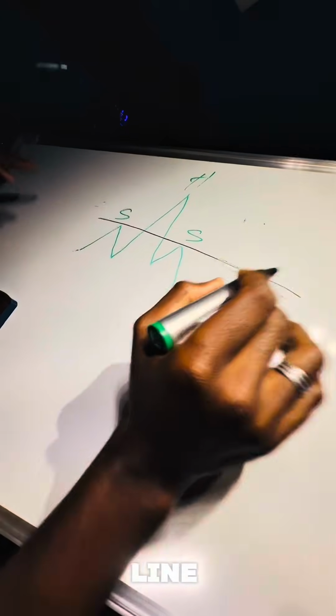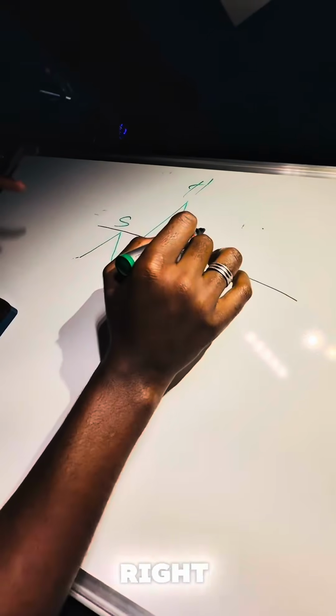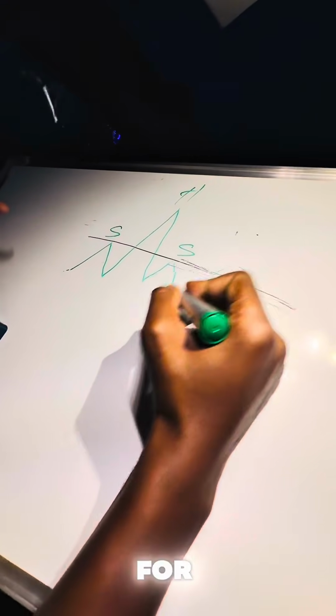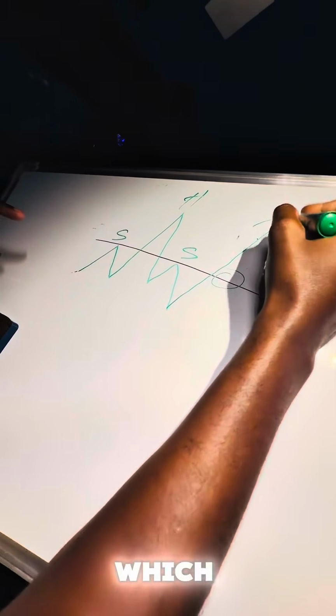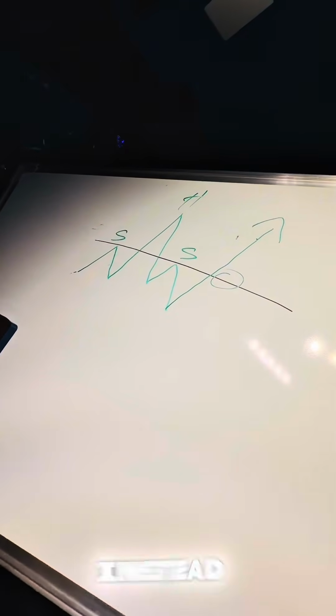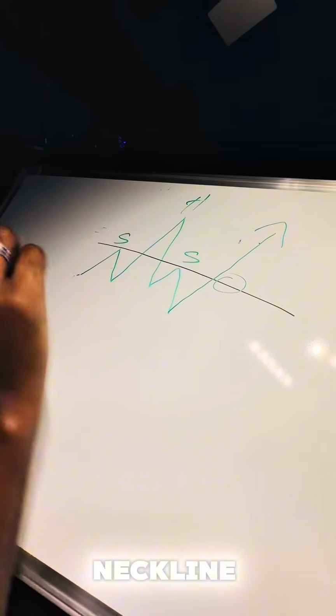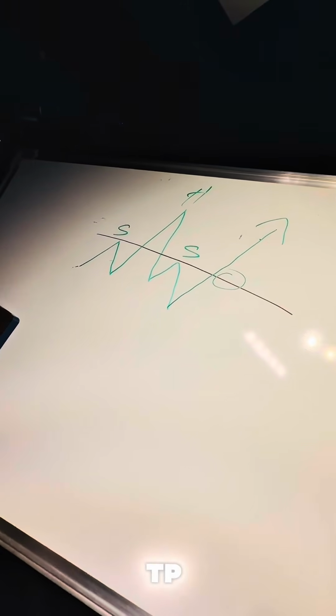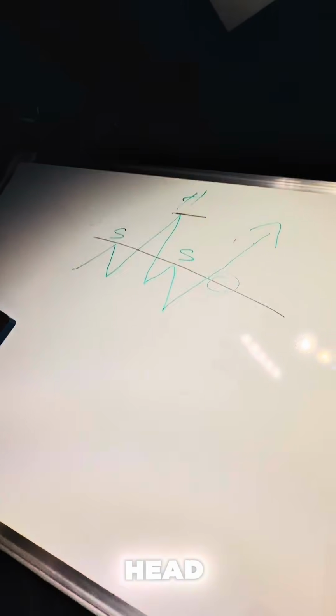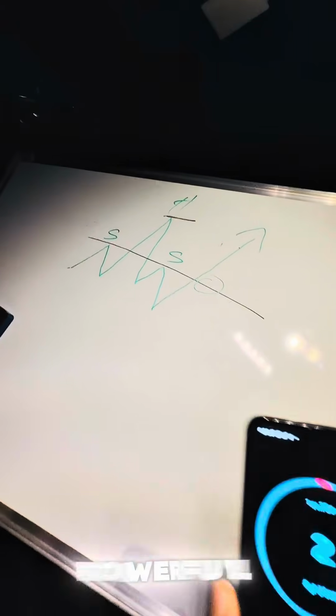You need a straight line connecting the left shoulder to the right shoulder. And what are you waiting for? A break of that line connecting the shoulders. Instead of taking the break of the neckline, we are taking the break of the line that is connecting the shoulders. And what's your TP? We are targeting the head. And this is a proven, powerful strategy.